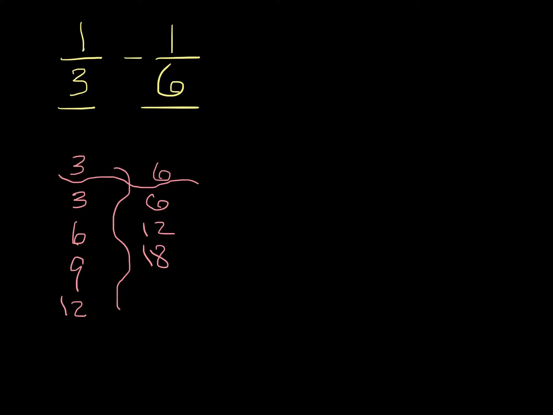I already notice that 3 and 6 have 6 in common, as well as the number 12. Now remember, we're looking for the least common multiple. So we're going to go with 6.